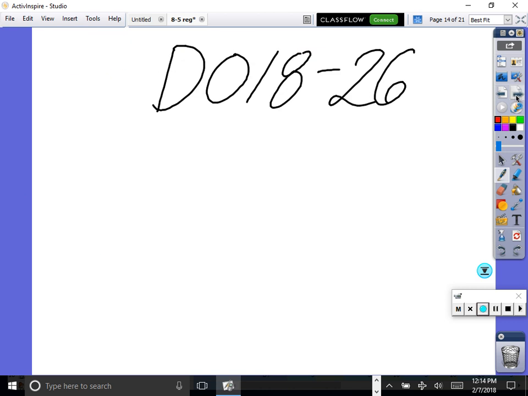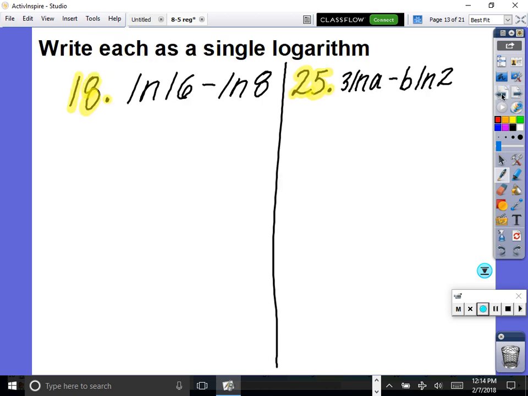Okay, let's review how to put logarithms together, because this is going to be important when solving in a minute. So everybody, remember, if you have two logs that are the same base, you can rewrite them as one log. When you multiply, you add. When you divide, then you subtract. With a power to a power, you multiply. And then it's backwards for logarithms.